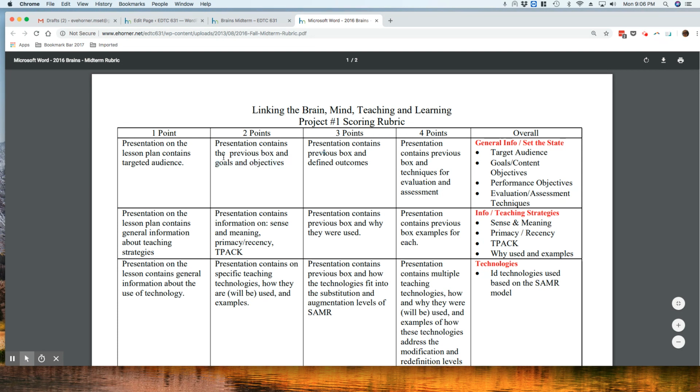For 3 points, you would have to present the target audience, the goals, the objectives, and the defined outcomes. And in order to get 4 points on this, you would have to do everything in box 1, 2, 3, and 4. Over here to the right-hand side is a summary of the content that I'm looking for in order to get a 4 out of this top strand.